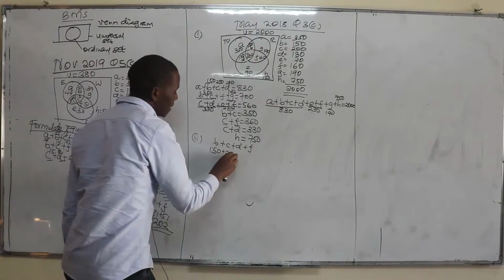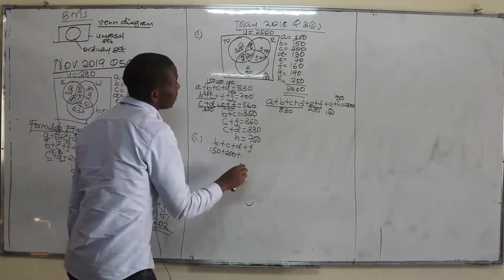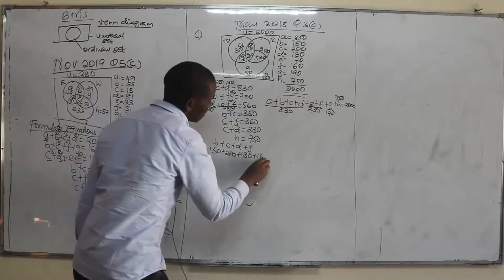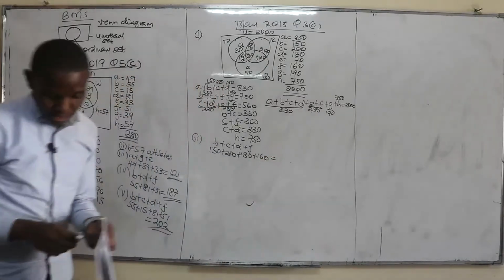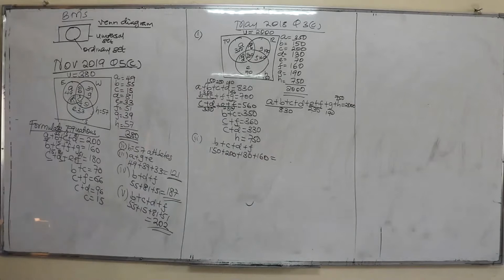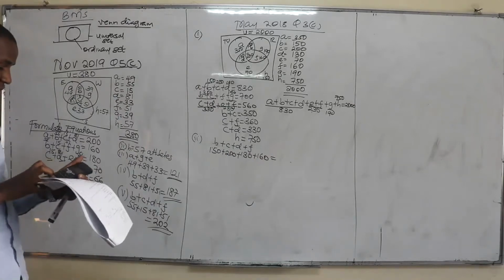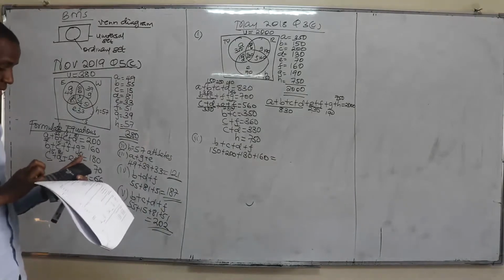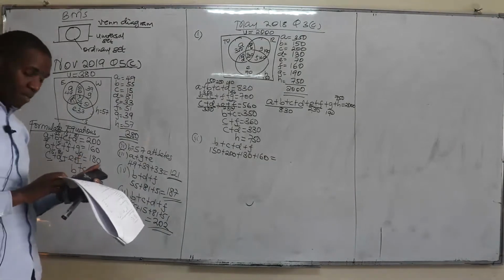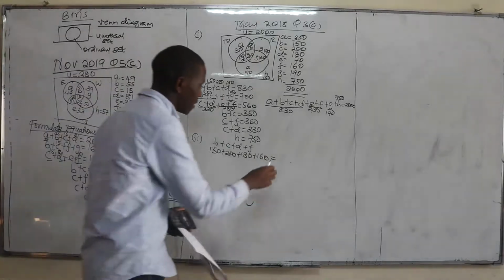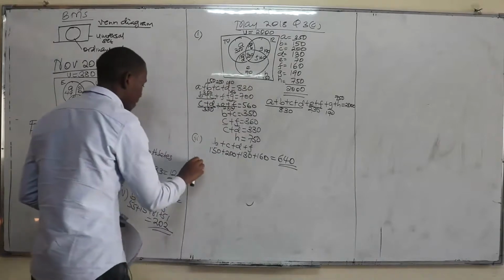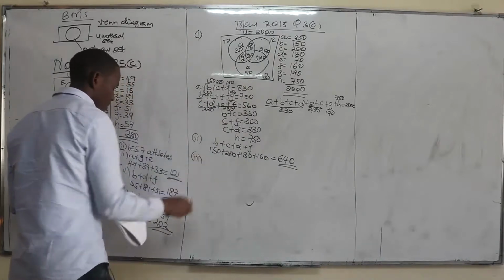C is 200. D in this case is 130. And F is 160. In that case, get the value: 150 plus 200 plus 130 plus 160, which gives you 640.